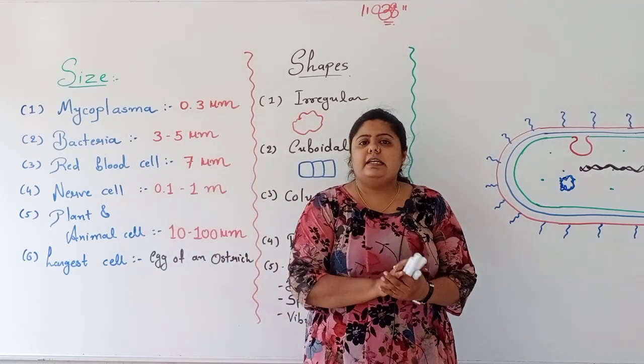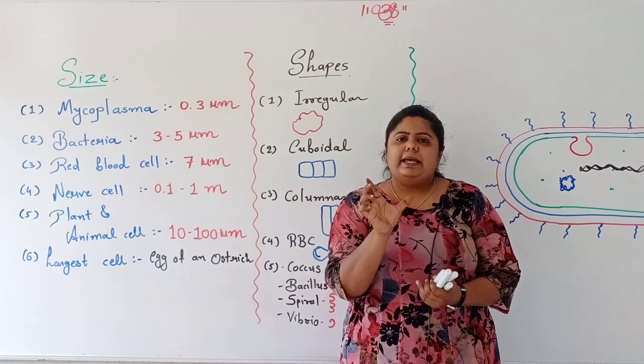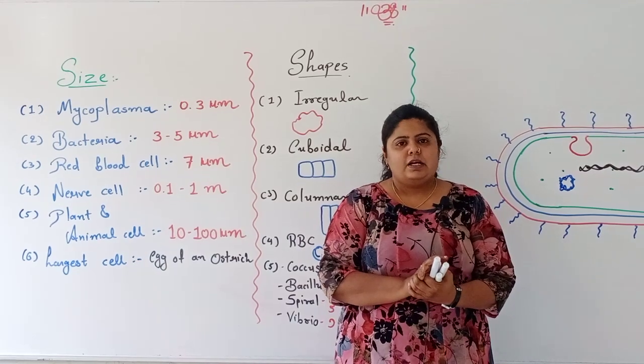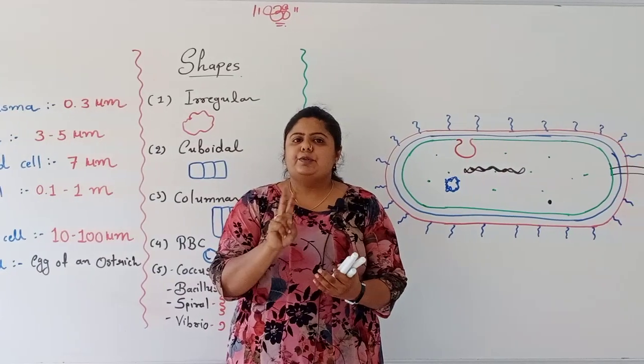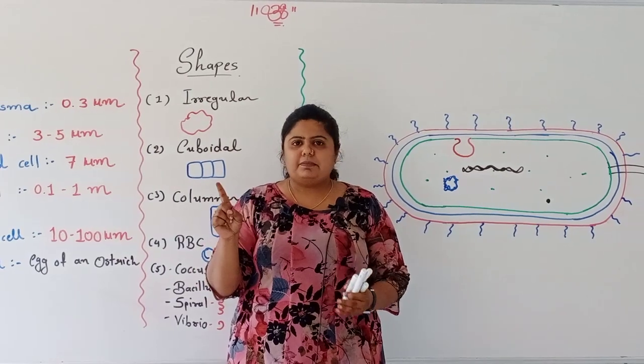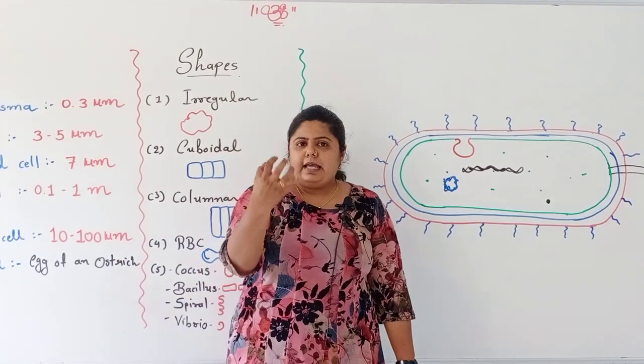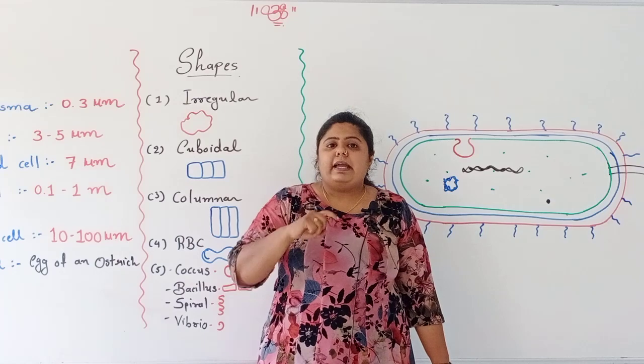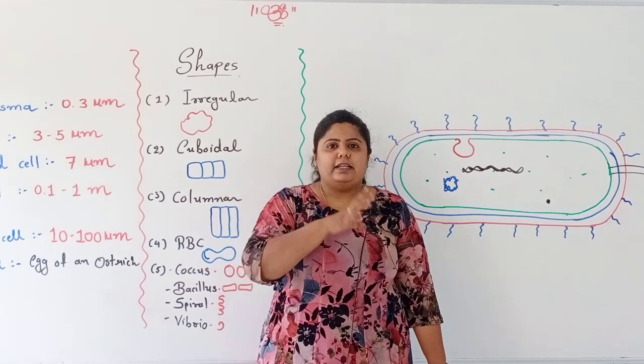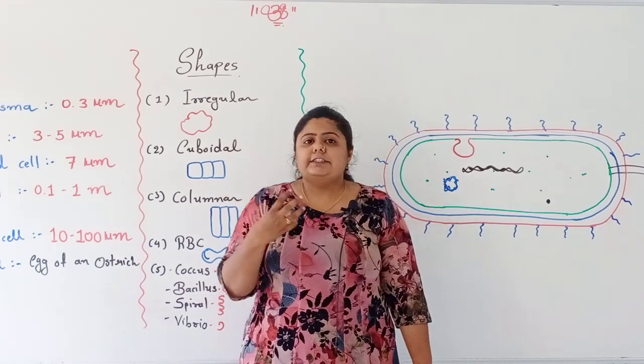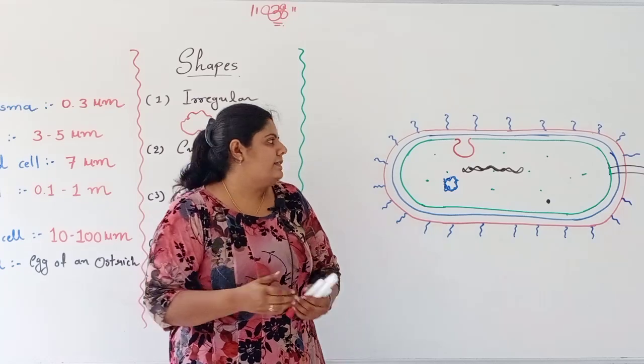Now we will study about the bacterial cell. The bacterial cell contains two parts, cell envelope and cytoplasm. Do you know what an envelope is? Envelope means outer covering. So there are three covers or three layers.